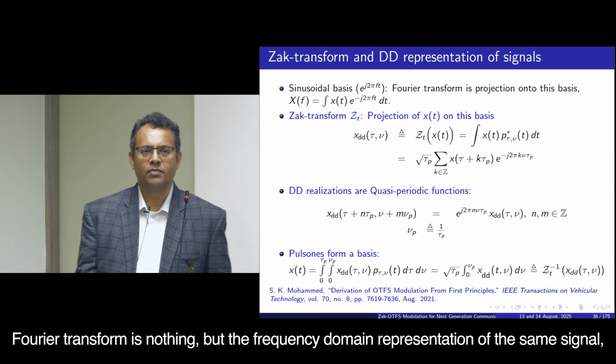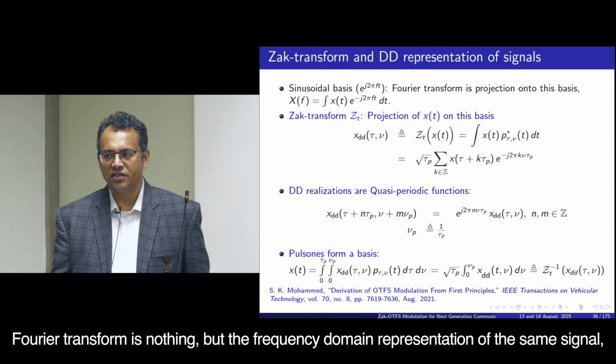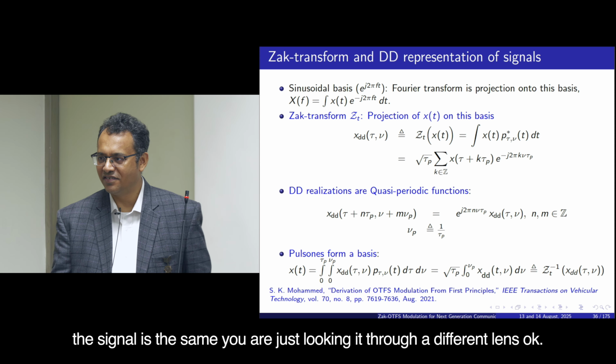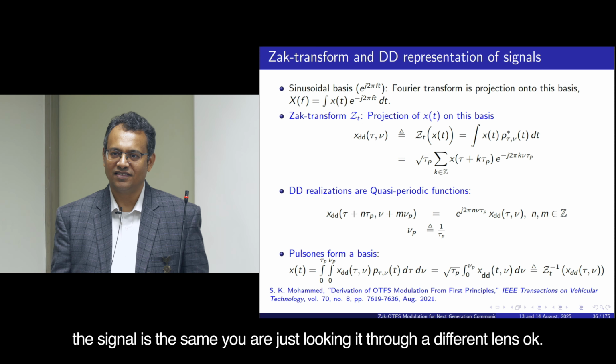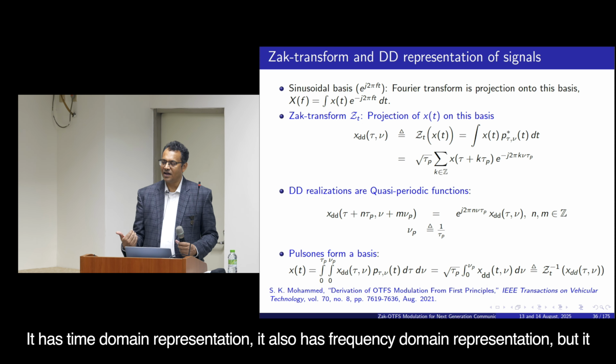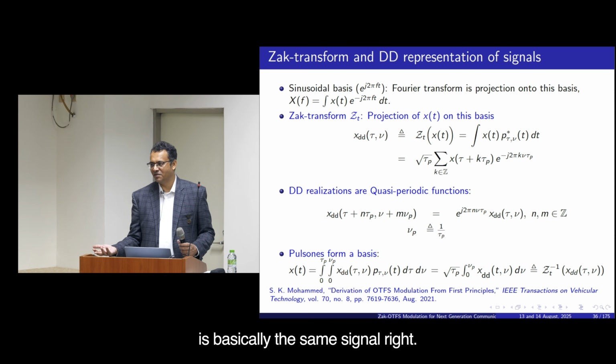Fourier transform is nothing but the frequency domain representation of the same signal. The signal is the same, you are just looking at it through a different lens, okay. It has a time domain representation, it also has a frequency domain representation, but it is basically the same signal, right.